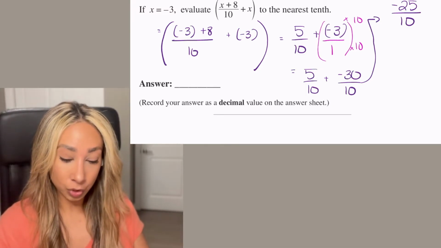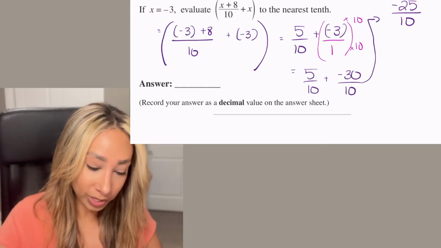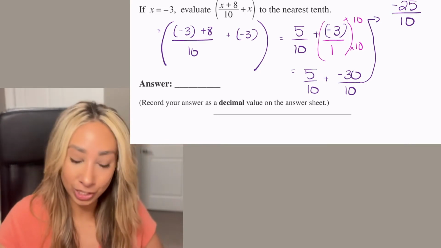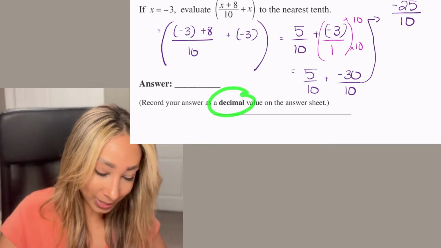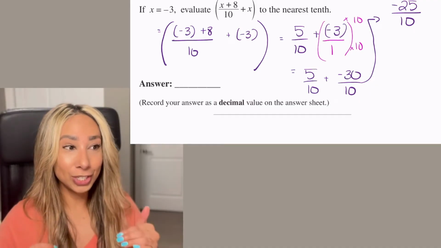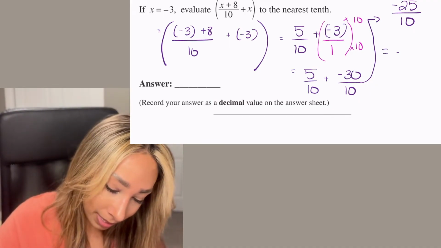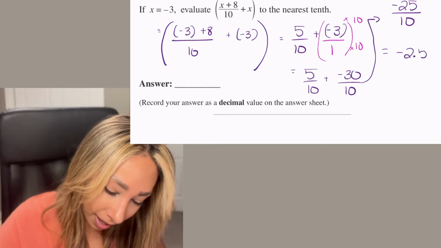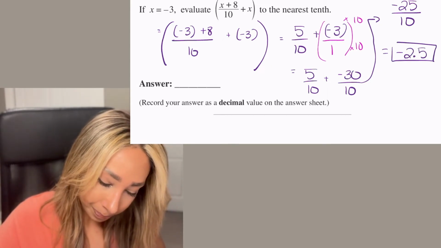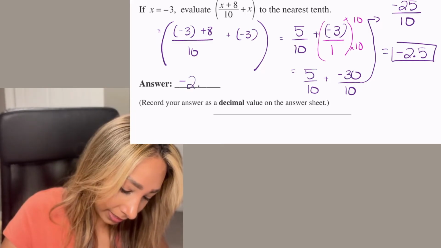But I've got -25/10. Oh, it's over 10. It's my favorite kind of number there to turn into a decimal, because that's what we have to do here. So it's 25/10. I'm going to move that decimal 1 over, giving me -2.5. So that is our answer.